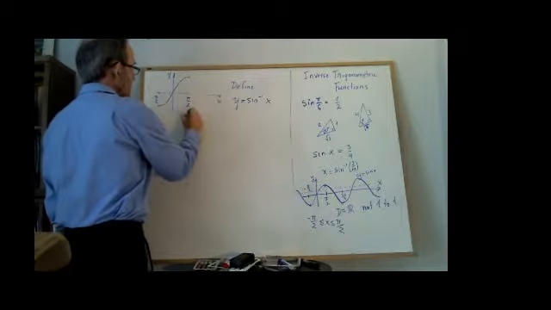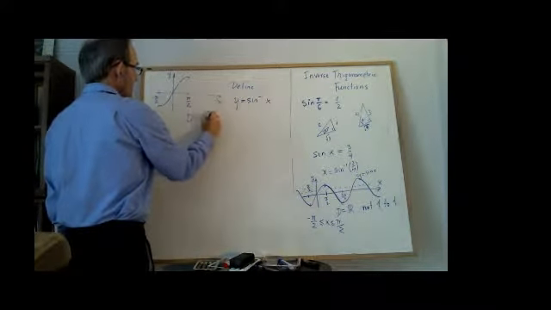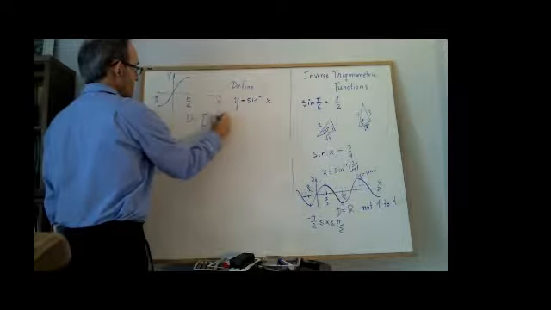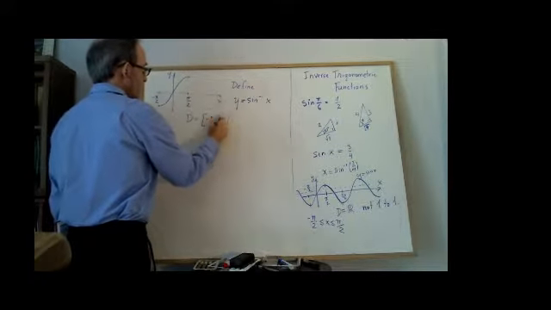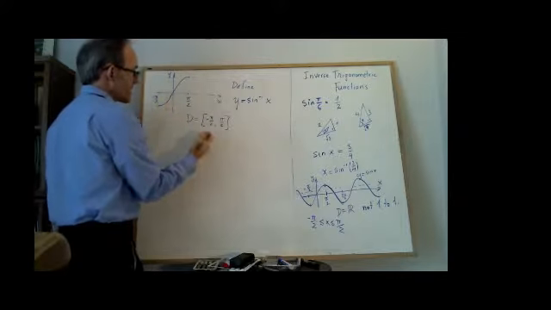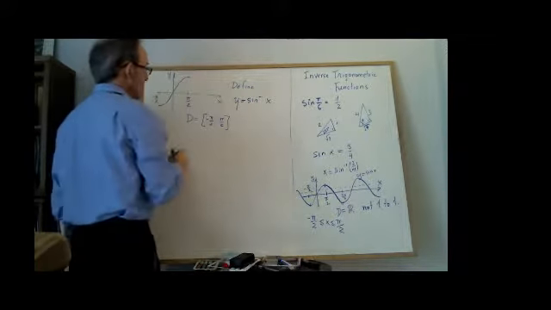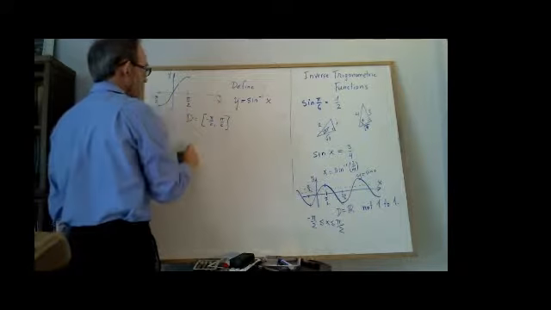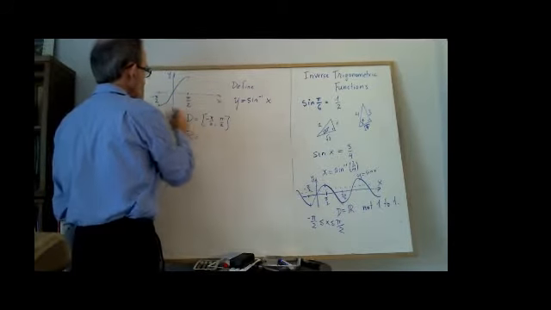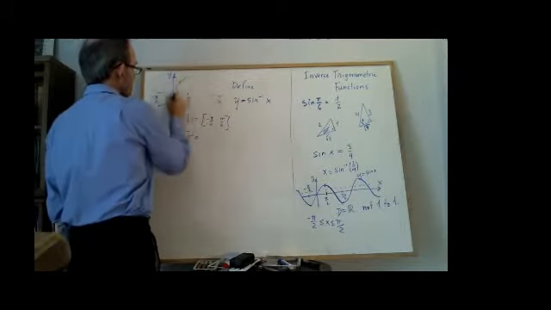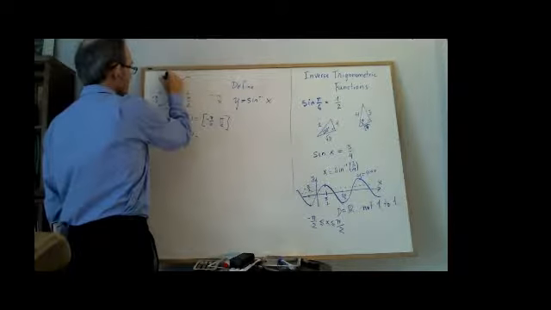Okay, so here the domain is minus pi over 2 to plus pi over 2. It's a restricted domain, restricted so that the function is one-to-one on this interval. It passes a horizontal line test. The range then is all the values from minus 1 to plus 1. This is minus 1 here and plus 1 here.